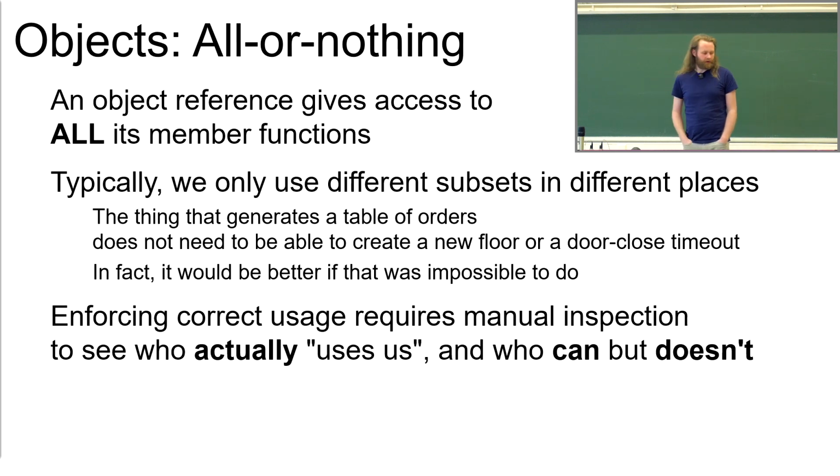So our final problem is that enforcing correct usage requires manual inspection to see who actually uses us versus who can use us but doesn't use us. It's exactly the same problem as with shared variables, but now it's not shared variables, it's shared member functions that we don't need to share.